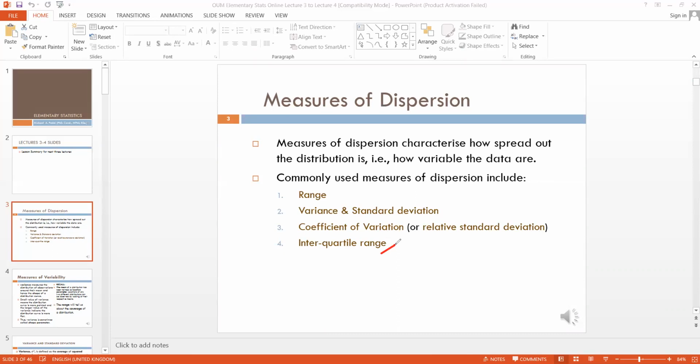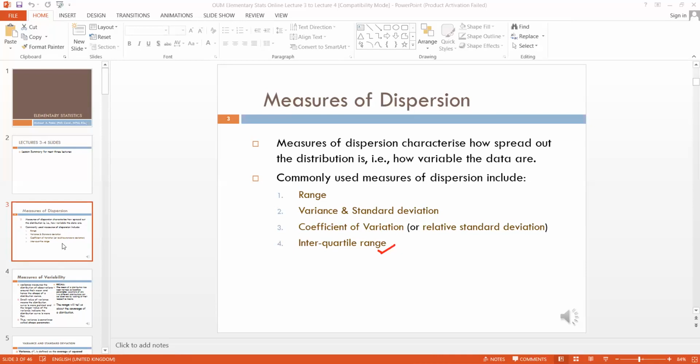After finding the quartiles, that's the first quartile, second quartile, and third quartile, to begin, I'll start with the interquartile range briefly. Then we'll look at the range, the standard deviation, and the coefficient of variation.